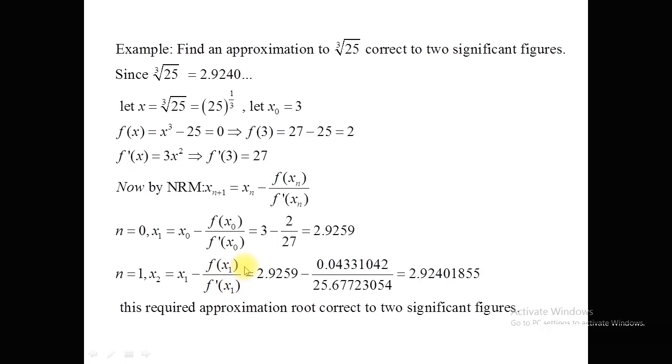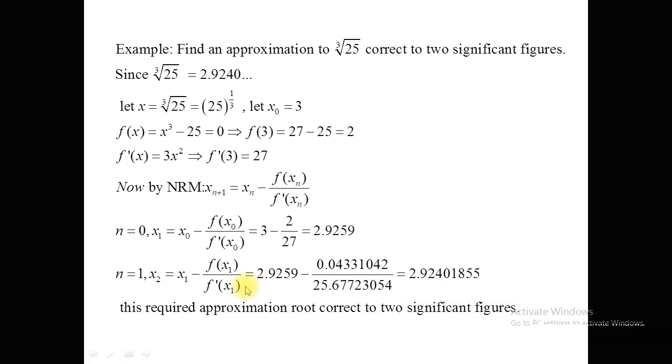Dear students, first of all calculate the function at x1. Since the x1 value is 2.9259, putting this value in this equation, calculate the function at 2.9259. This is the value of the function at x1, and this is the derivative of the function at x1, 25.67723054, and this is the value of x1.